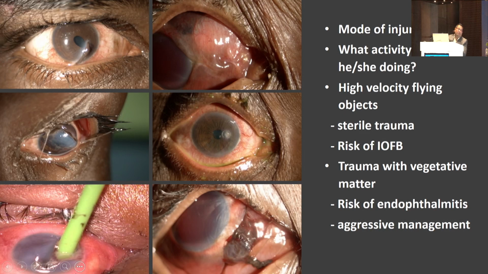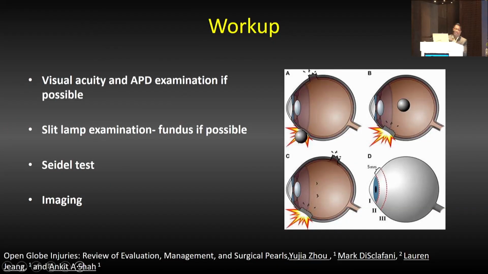You have to elicit the mode of injury, the activity the patient was doing, the velocity of the projectile object, whether it was sterile or infective trauma, any risk of retained intraocular foreign body, trauma with vegetable matter, or risk of endophthalmitis where aggressive management is needed.